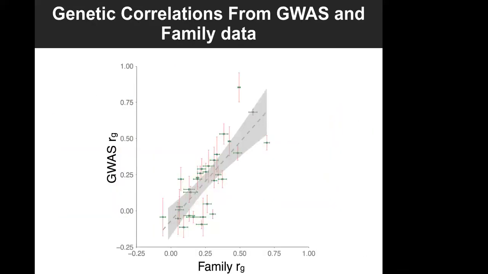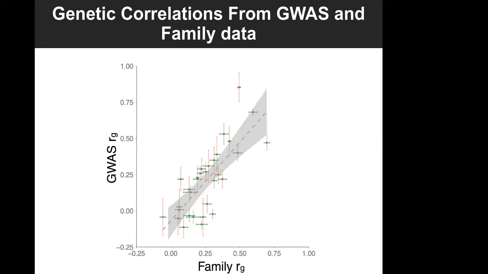So we also collected literature on the GWAS genetic correlations from previous estimates of the disease pairs that we have. And we find there is a very high degree of agreement between the two estimates. The proportionality constant of the line is about 1.08.